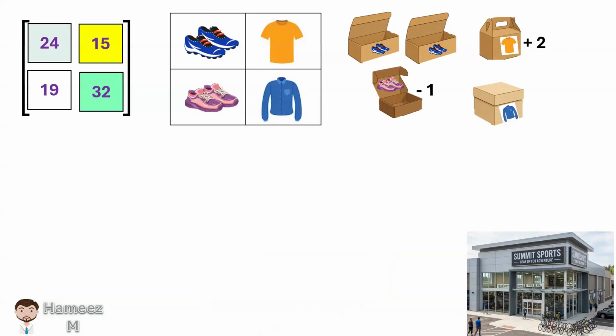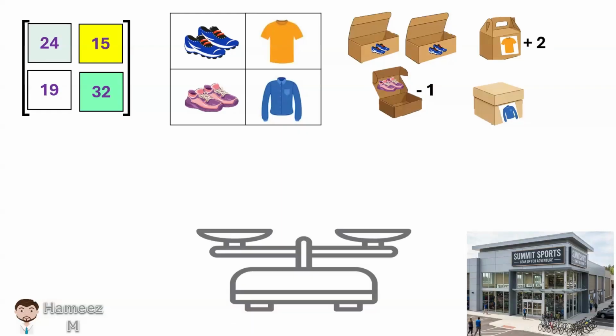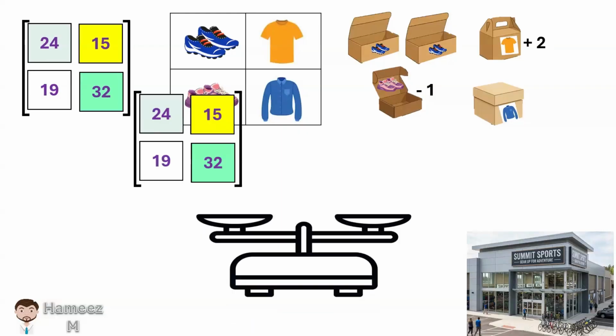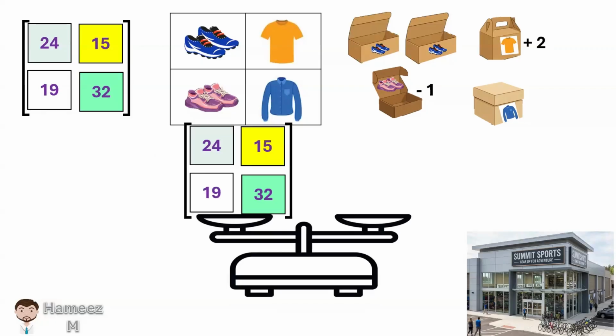Now understand that if the 2 branches have the same exact stock, the same amount of items in each of the branches, then let's consider it to be like a scale and that we're equal. That we have 24 blue shoes, 15, 19, and 32. And on the right side, what do we have?